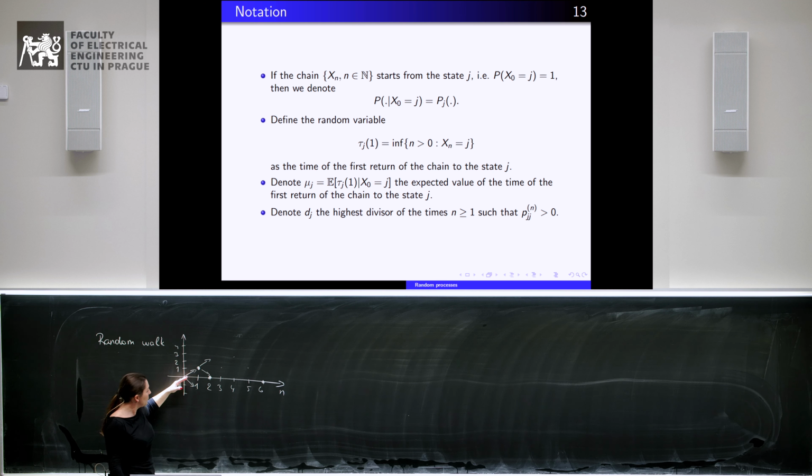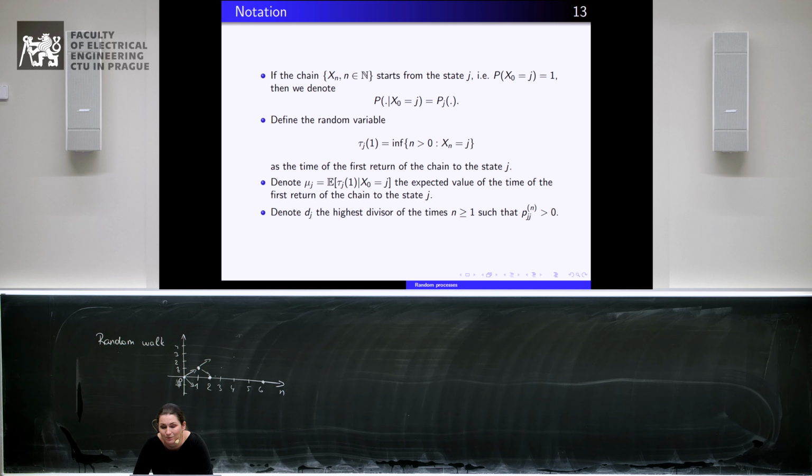So it can happen in the case of this random walk that only at even times we can return to the value 0. Concerning the value 1, there are only odd times in which we can be in the value 1. In even times, we cannot get to the value 1.